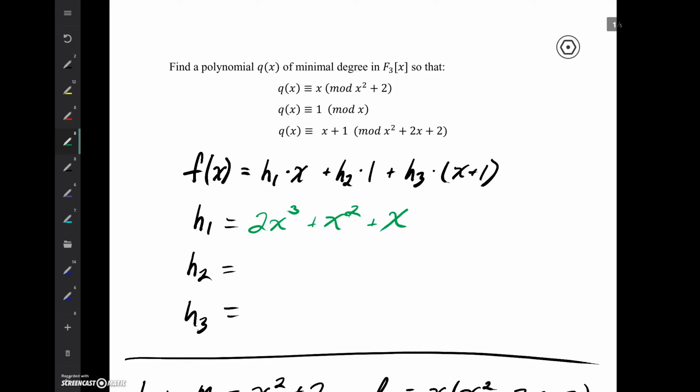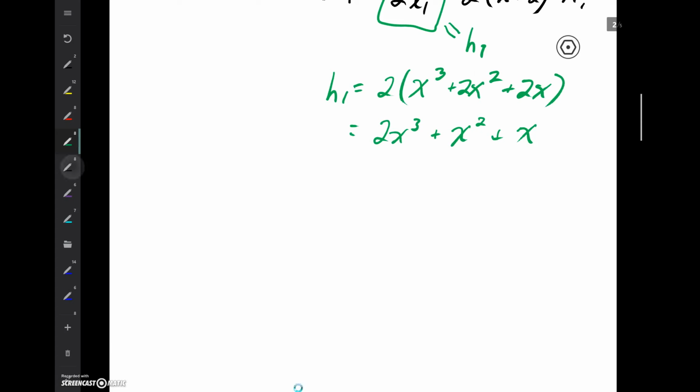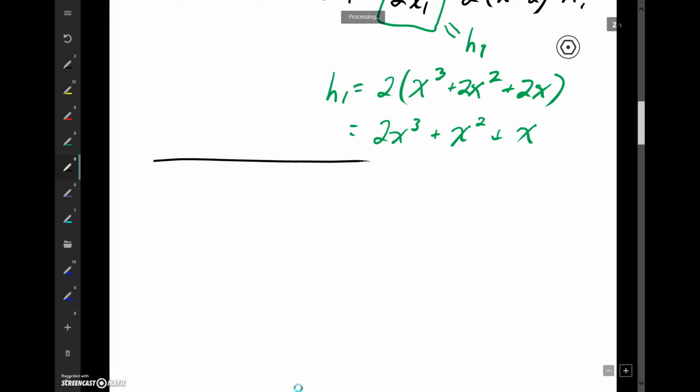For H1 we used the first mod and then multiplied the other ones for L1. For H2, M2 is going to be x, and then L2 is going to be x squared plus 2 times x squared plus 2x plus 2. So you just remove the one you're using and multiply the other two together. Alright, so let's do that. We've got H1, that's done.